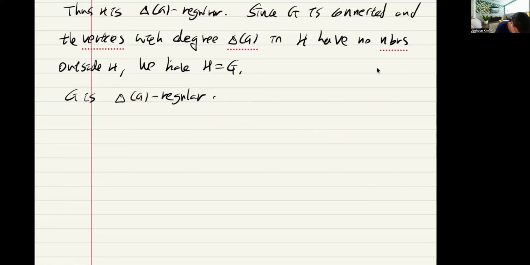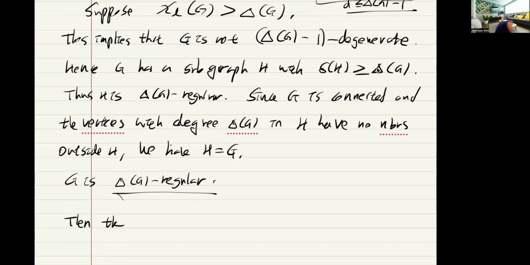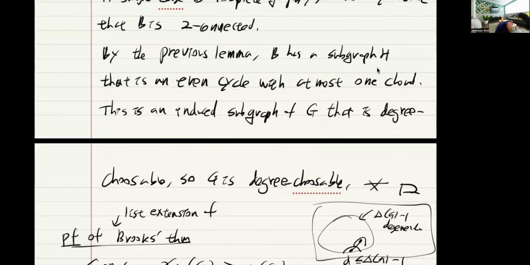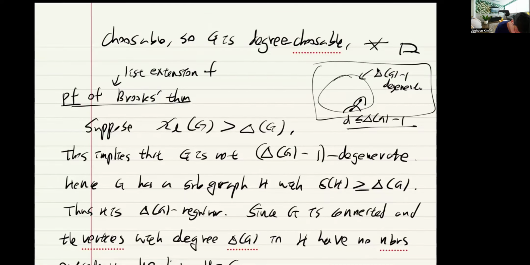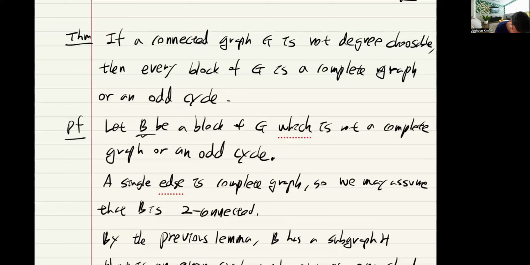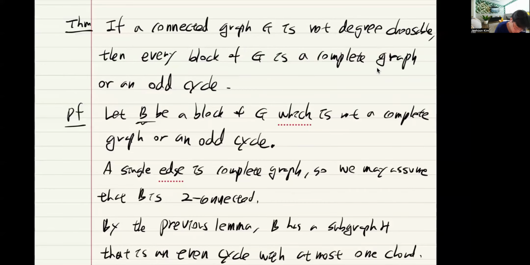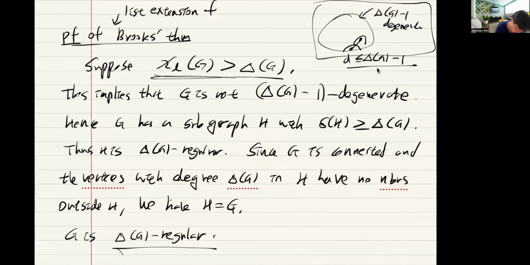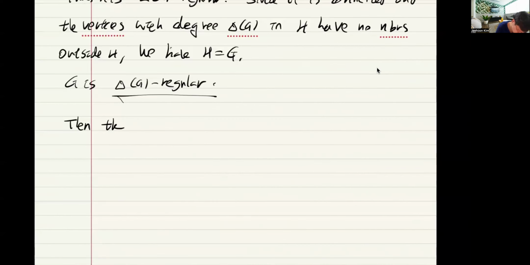Then what do we know? Every vertex has degree delta of G. So if it is degree choosable, then it is delta of G list colorable. But we assume that this is not, it means that G is not degree choosable.